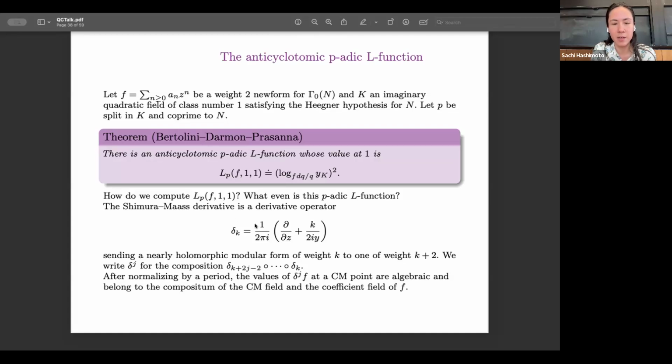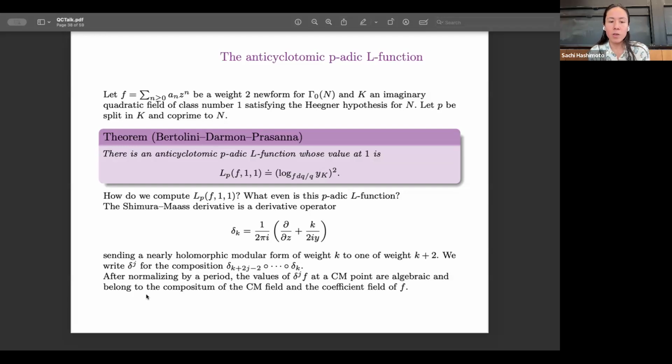And so I've written it out in terms of the complex numbers. So delta_k is this 1 over 2πi times the ∂/∂z operator plus k over 2iy. And what this does to a nearly holomorphic modular form of weight k is it increases the weight by 2. And you can, of course, keep composing it, and we'll write delta^j as the composition j times.